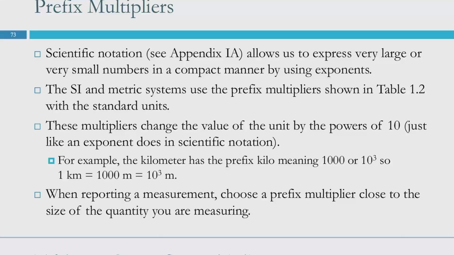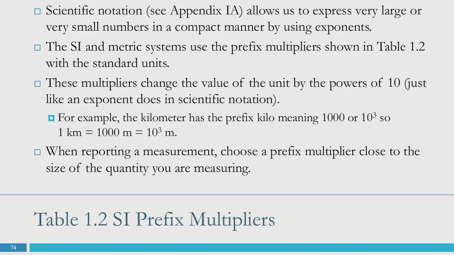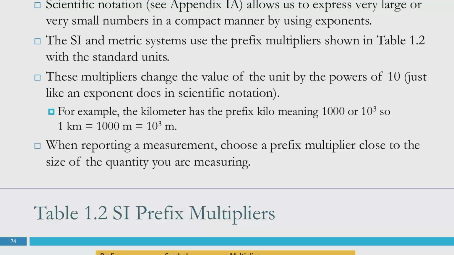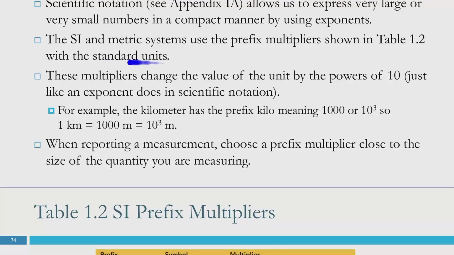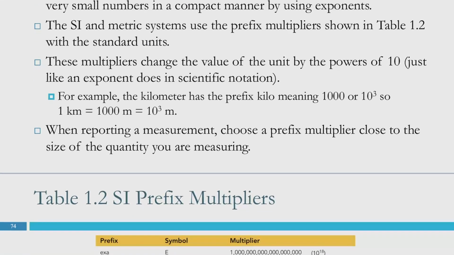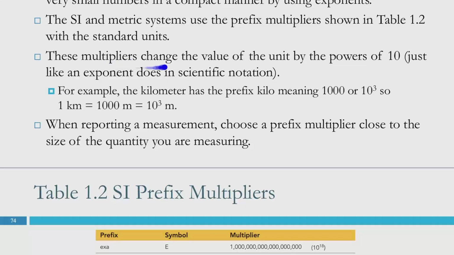And the way that we get around this when we're talking about units, for our SI and metric systems, is we can use prefix multipliers, seen on this slide coming, to adjust our standard units. And the multipliers change the value by powers of 10. Basically, they just move the decimal place.